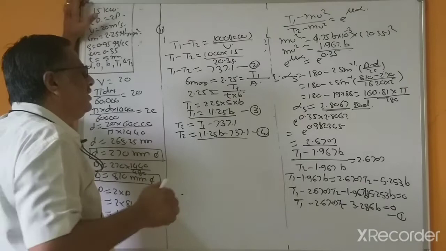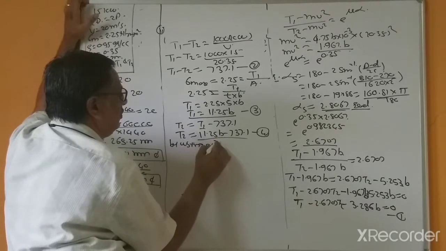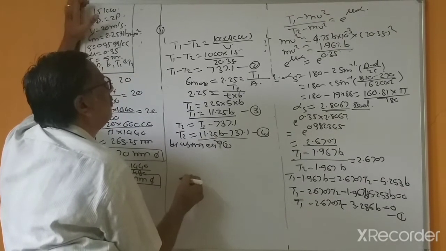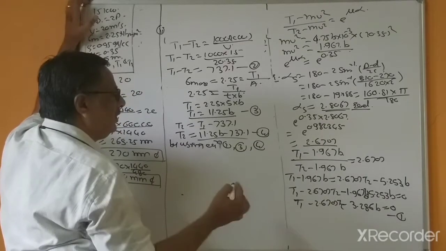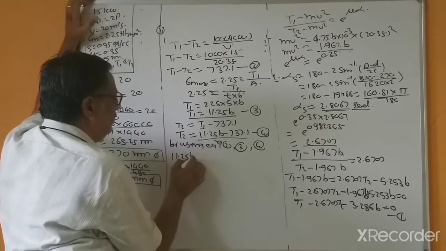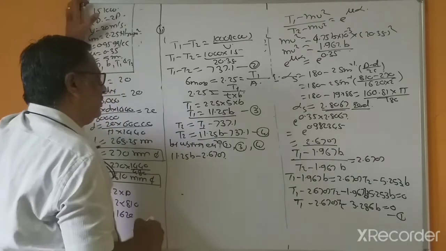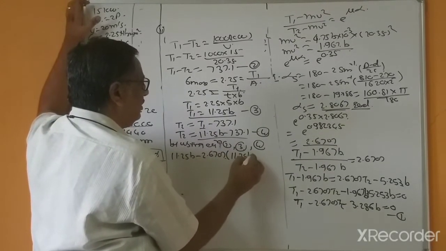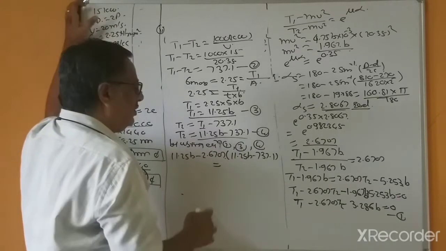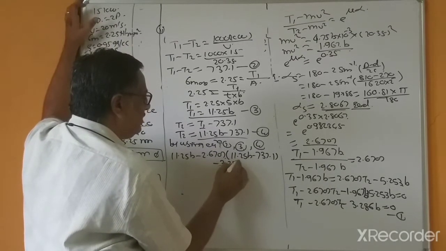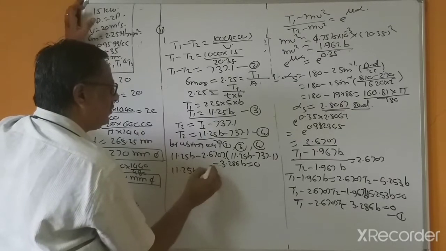Now by using the first, third and fourth equations, put T1 equal to 11.25 B and T2 equal to 11.25 B minus 737.1 into 11.25 B minus 2.6707 T2 plus 3.286 B equals 0.